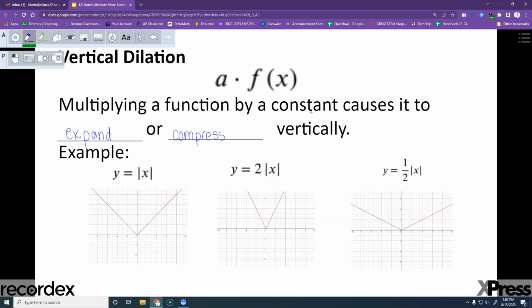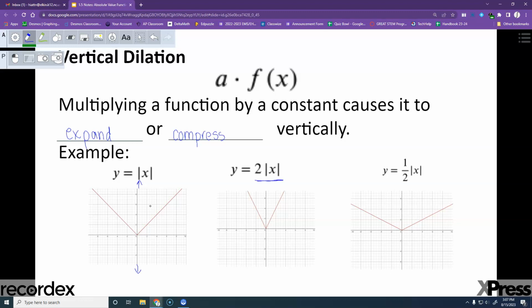vertically. So if you think about taking this graph right here, this y equals the absolute value of x, and stretching it out taller, if you grab that y-axis and stretch that out, what you would end up with would be something like this.